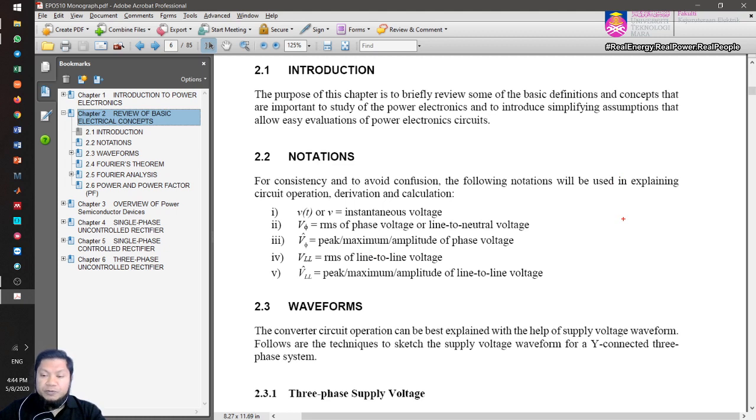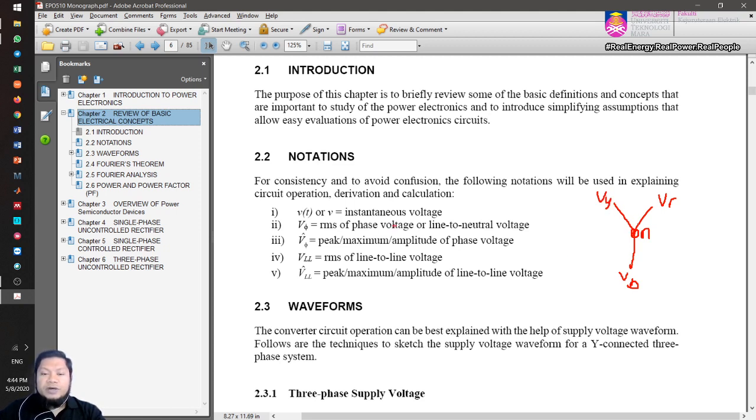We usually assume we have a Y connection. The center point is always the neutral point, and then we have VR for the red phase, VB for blue, and V yellow.